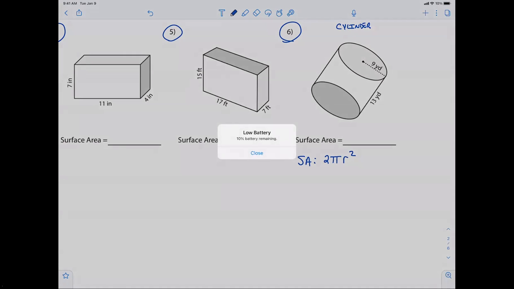So this right here, keep in mind, from the circle is the circumference. As I open it up, this becomes the side of the rectangle. So this is length times width. That's what we're doing. Length times width.